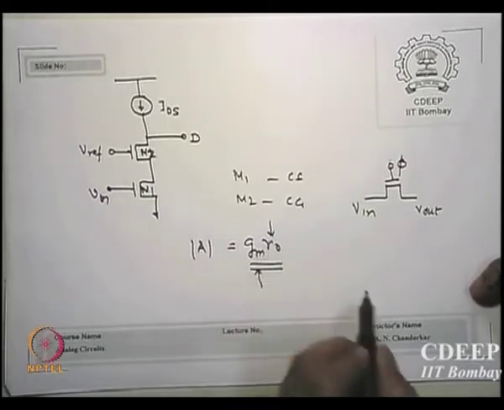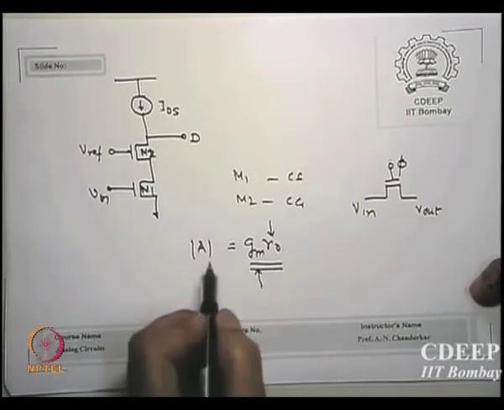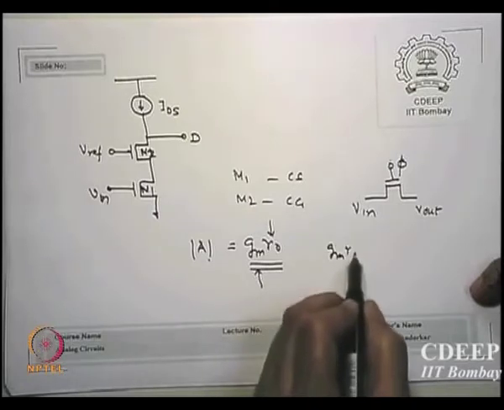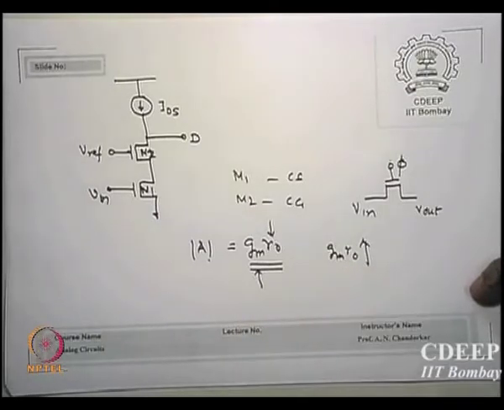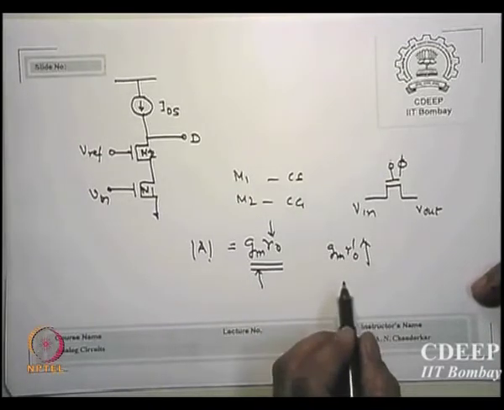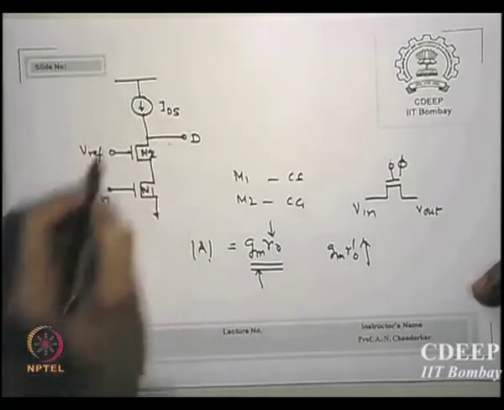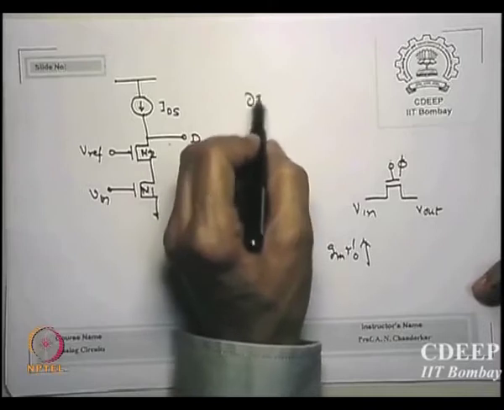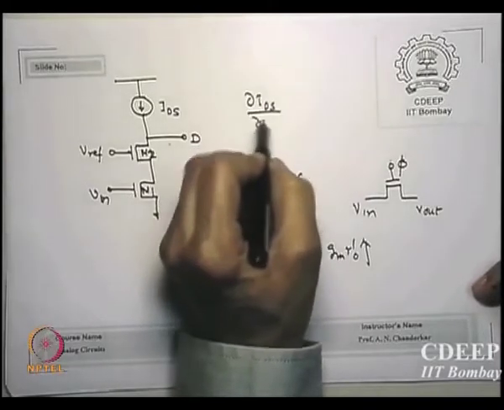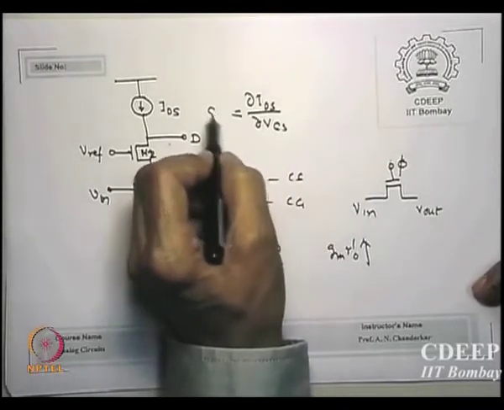I will boost R0 so that my GM R0 enhances if this is R0 dash. But GM I kept roughly the same as earlier. What is the GM for this full circuit? Delta IDS by delta VGS is still GM.